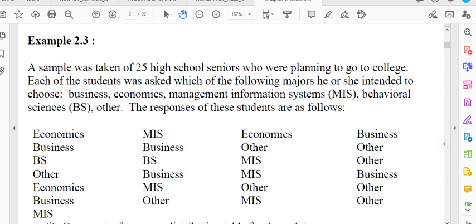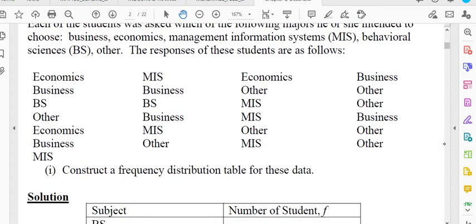The total number here will be 25. Question said construct a frequency distribution table for the data above. Usually this will give you at least 2 marks. I already built a table here. First, you need to name the subjects involved, then number of students.